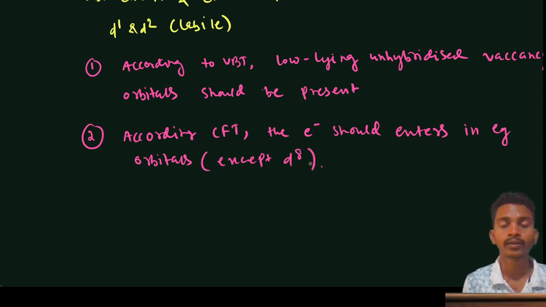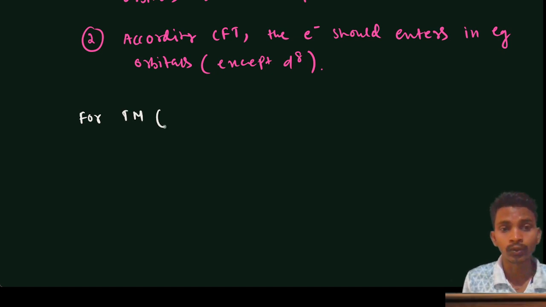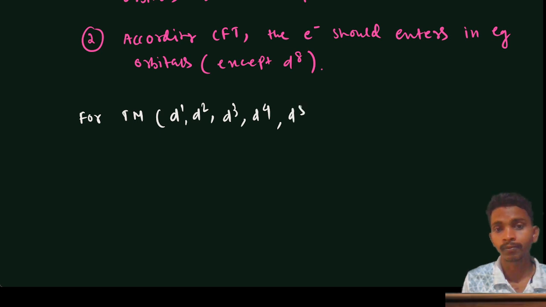Okay, so according to this we have classified which are the labile compounds and which are the inert compounds. For transition metal complexes we use either d1, d2, d3, d4 up to d9, d5, d6, d7, d8 and d9.